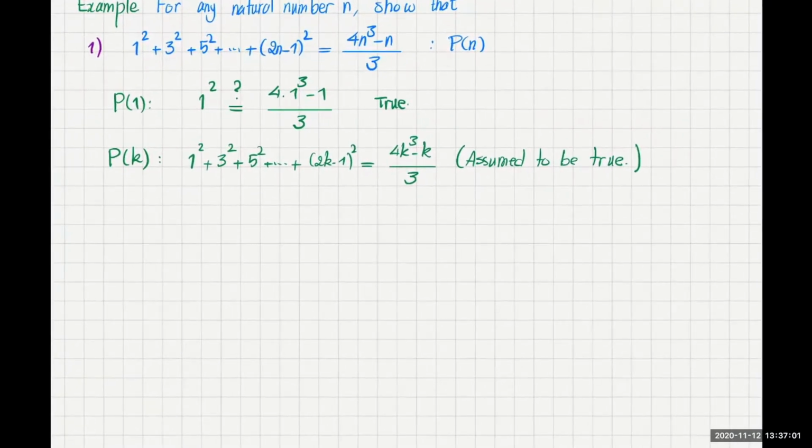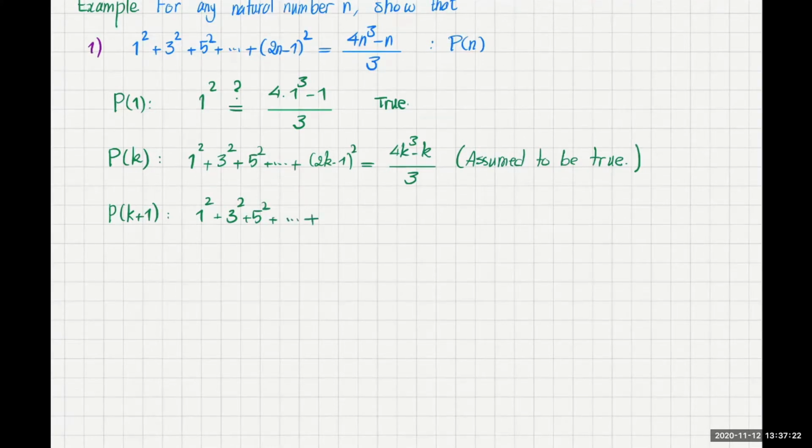So here we have this. But in order to write Pk plus 1, you are supposed to replace k with k plus 1 everywhere. So this is 1 to the power 2 plus 3 to the power 2 plus 5 to the power 2, and then you continue.